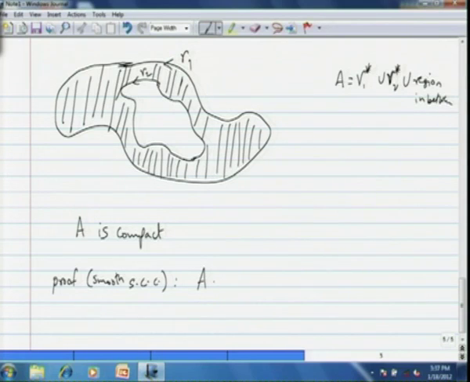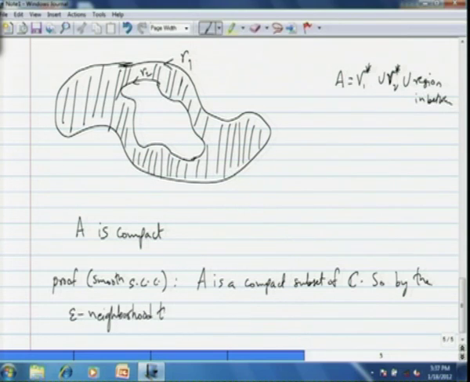So, first what we will use is the fact that A is a compact set. I have written it above, A is a compact subset of C. So by the epsilon neighborhood theorem, there exists an epsilon positive.